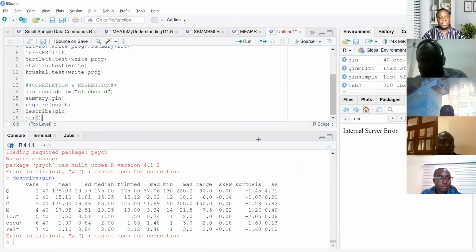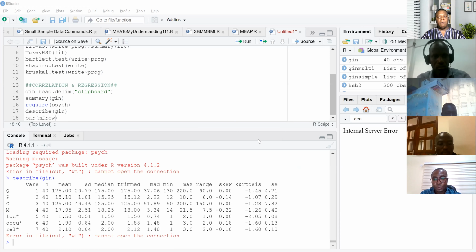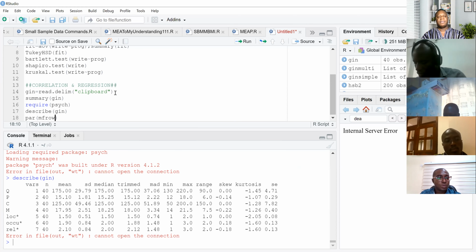P-A-R, into brackets, mfrow. This mfrow is simply indicating the number of graphs in the rows and columns. Let's make it mfrow equal to c(2, 2).